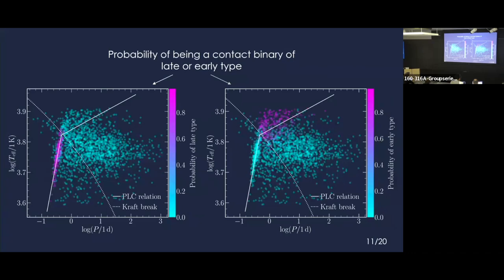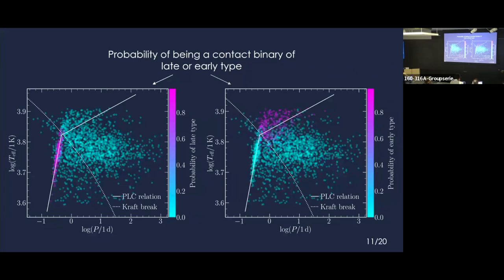I didn't mention this when I was talking about it, but the information about the Kraft break did not enter the model at all. And we found out that the distinction between the two types coincides very well with the Kraft break. So it seems that the difference between the two types has to do with the position relative to the Kraft break.